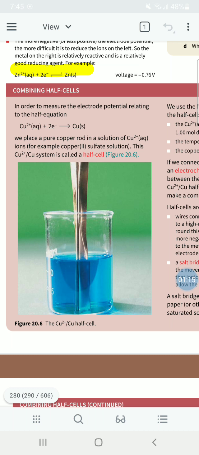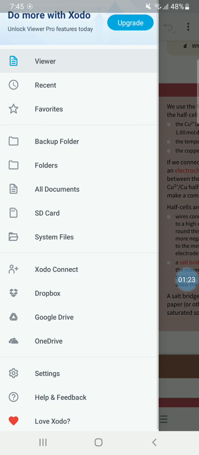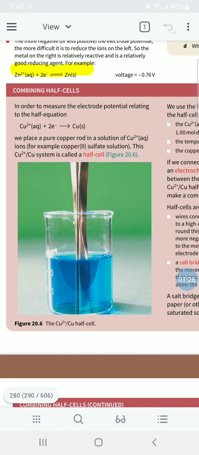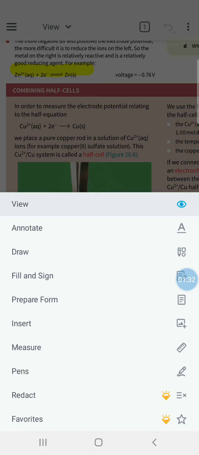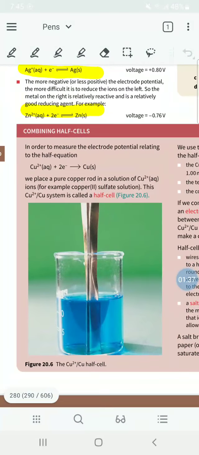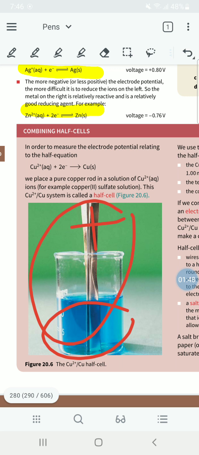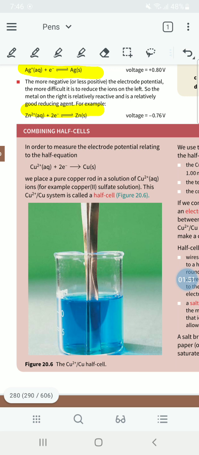So in reality, in this particular system, there is this metal copper piece and then copper ions here. So it is a combination of the ions as well as the metal.